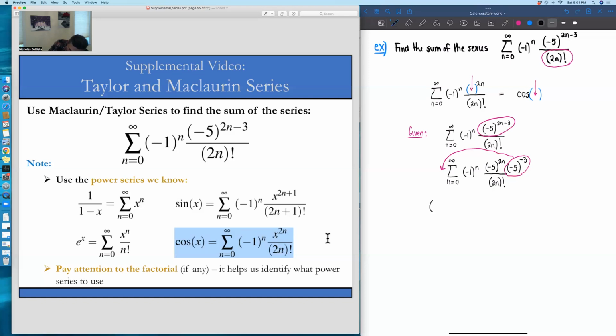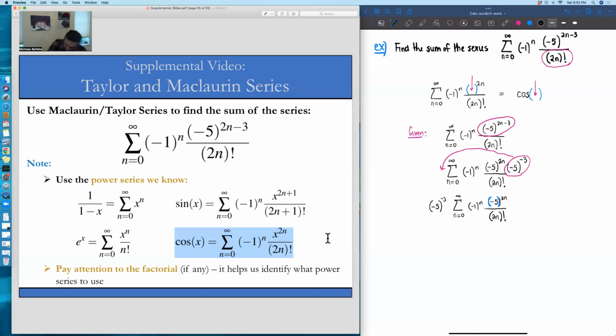Since there's no n attached to it, we have (-5)^(-3), and then the series from n equals 0 to infinity, (-1)^n times (-5)^(2n), all over (2n)!. Now we have everything inside the series in the cosine form we need. We have the (-1)^n, the (2n)! in the denominator, and now something in parentheses raised to the 2n power.